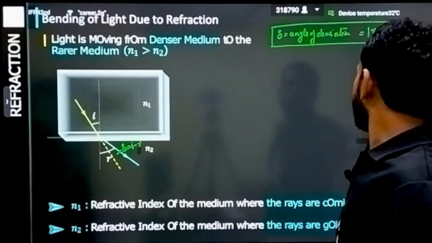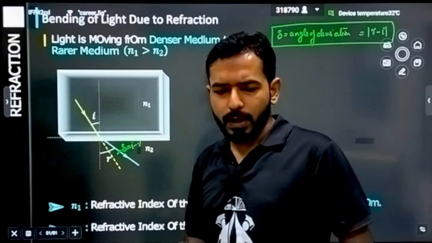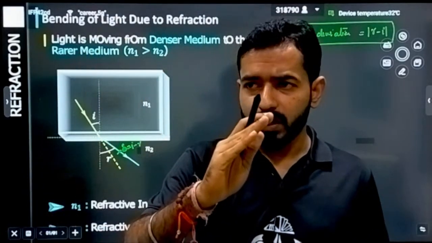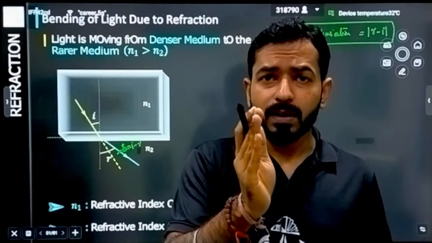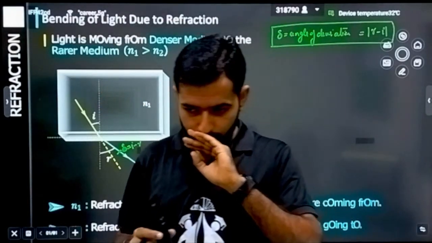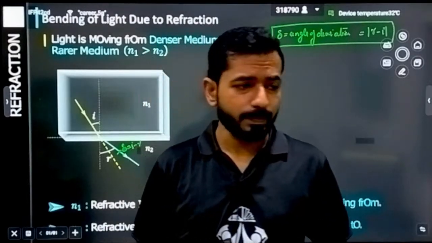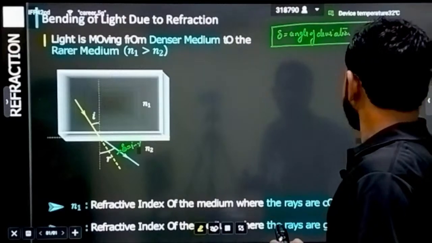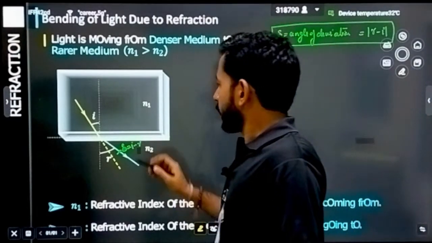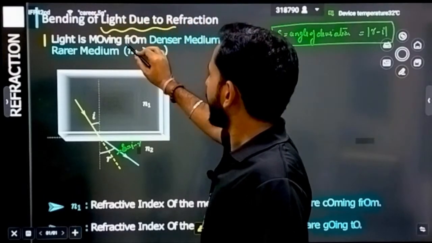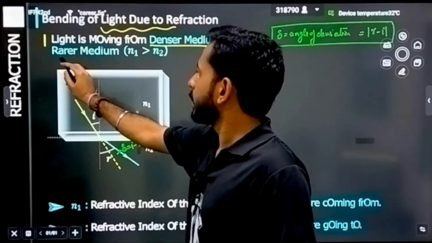Now, bending of light. About what I was telling you, that you have seen, sir, the normal path that was going, why did it only bend towards the normal? Why not away from the normal? Okay. Let's see. Here, it is the bending of light due to refraction, and light is moving from denser medium to rarer medium.